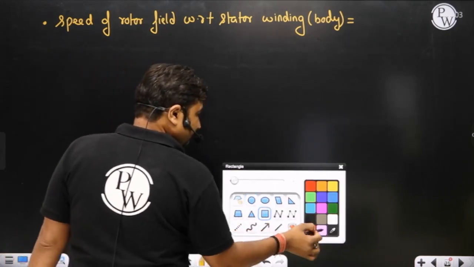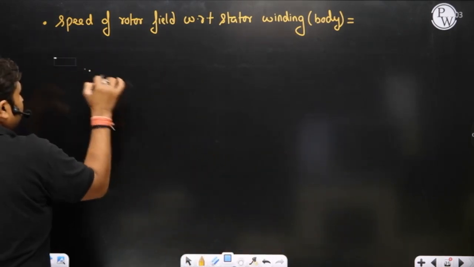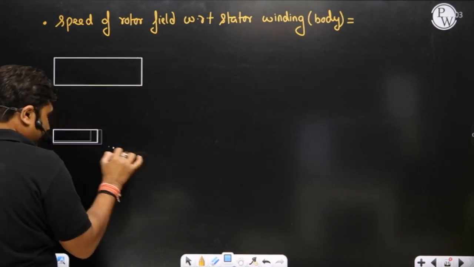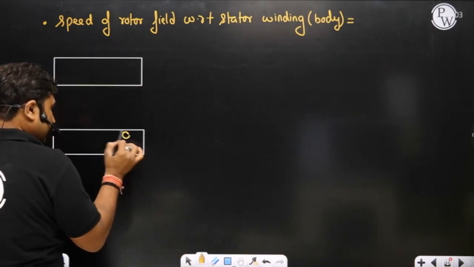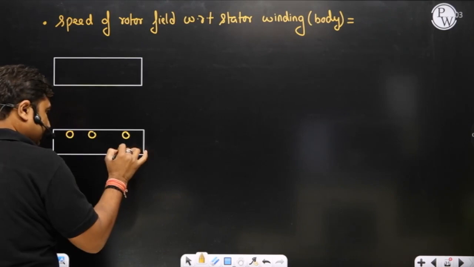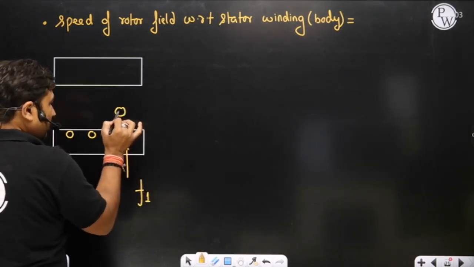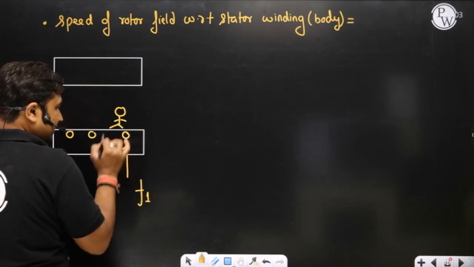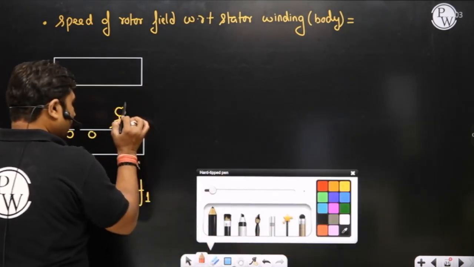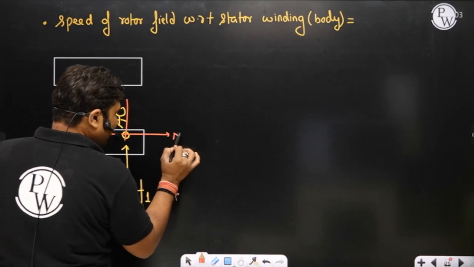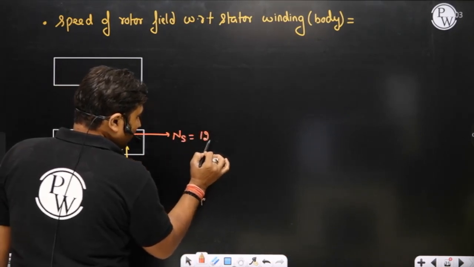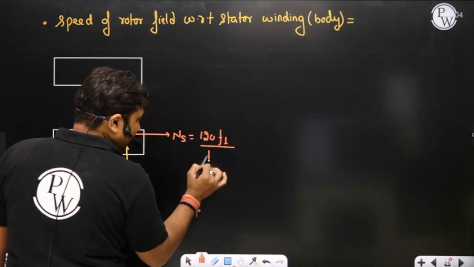So sir, we have stator, we have rotor. The rotor is 3-phase and the rotor is being supplied by a frequency F1. So there will be a rotor field which rotates with respect to the rotor body at a speed of Ns, that is 120 F1 by P.